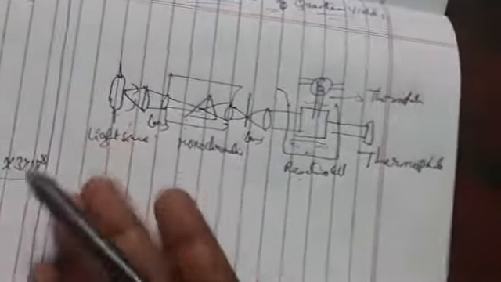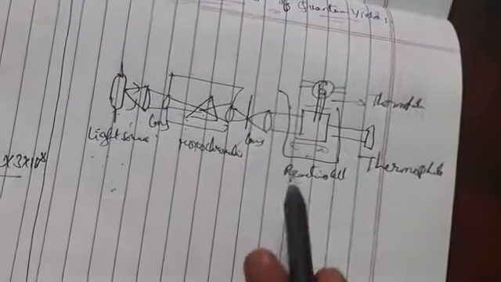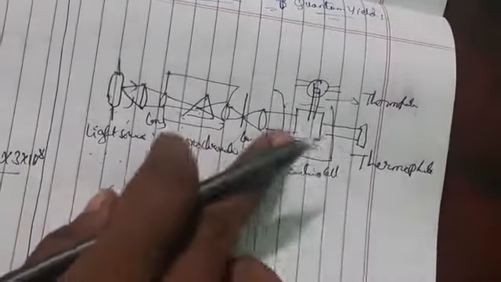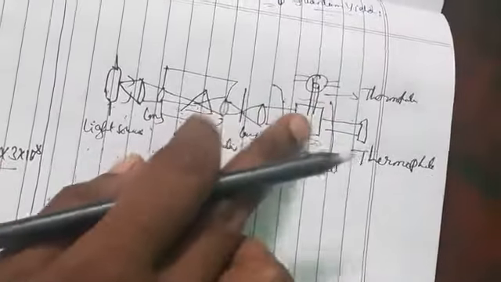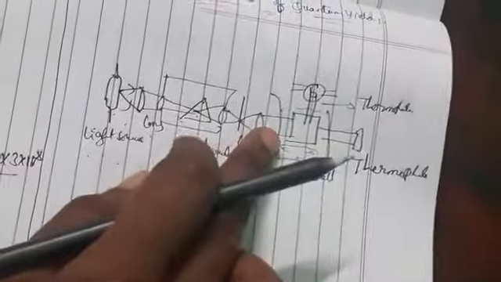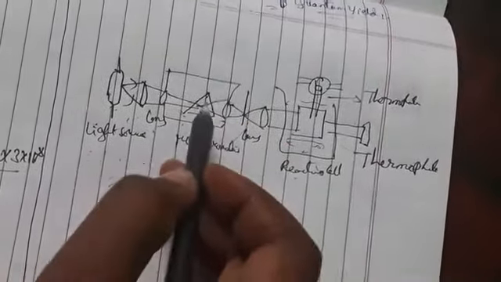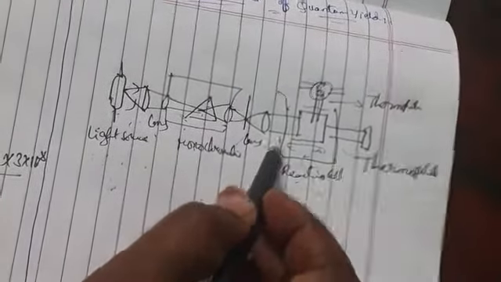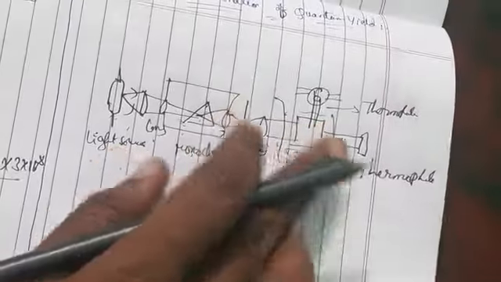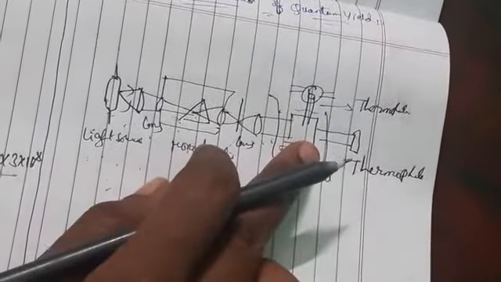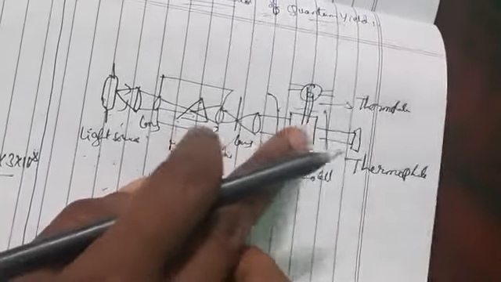Next, what is the reacting cell here? The reacting cell is made of glass or quartz. Glass is used when the wavelength of light is in the visible region. When the light radiation has a wavelength below 350 nanometer, only a quartz cell is used.